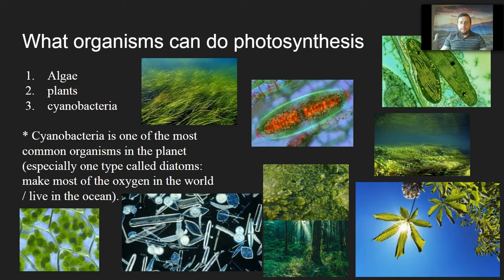But there's way more algae in the ocean doing photosynthesis than there are plants, right? There's seaweed, yes, but there's algae, microscopic life forms in the water, and cousins of the chloroplasts, which are called cyanobacteria. All of that in the water. So most of the life forms that do photosynthesis are actually in the water.